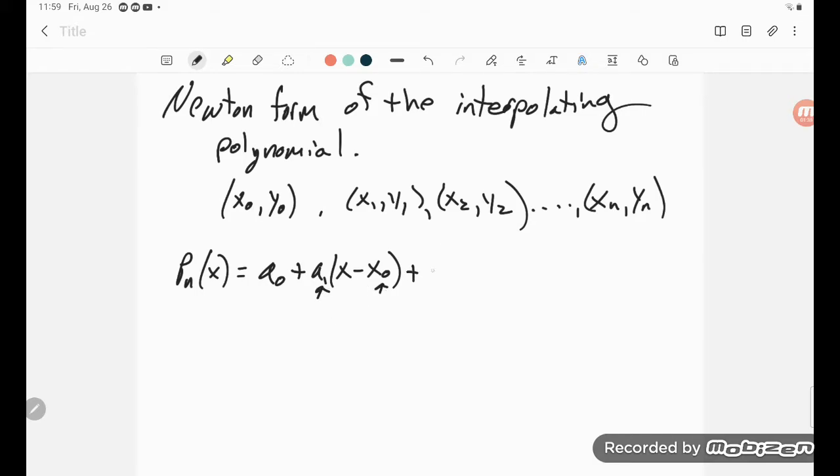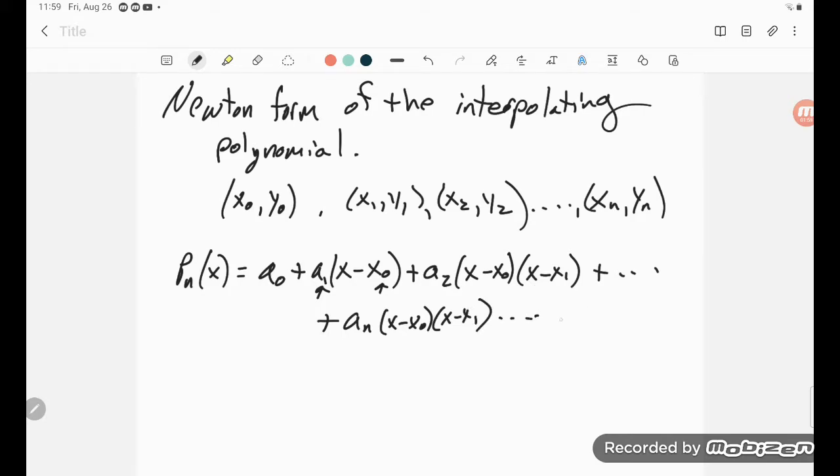So the next one, a2, will have x minus x0 and x minus x1. And we'll just keep that going until we get to our an, and we'll have x minus x0, we'll have an x minus x1, and that'll keep going all the way to x minus x sub n minus 1.